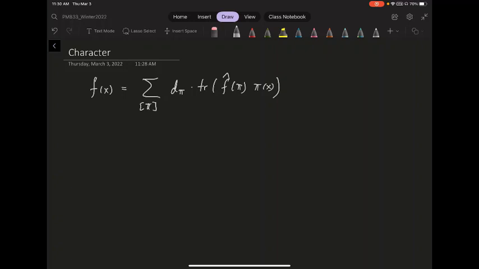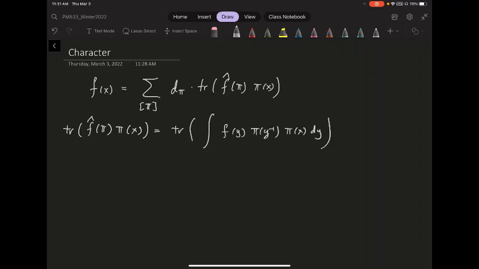And so if you look closely at this f hat of pi times pi of x, let's see what happens. This is essentially just the trace of, let's write f hat as the integral of f of y times pi of y inverse dy, and then let's just move the pi of x inside.